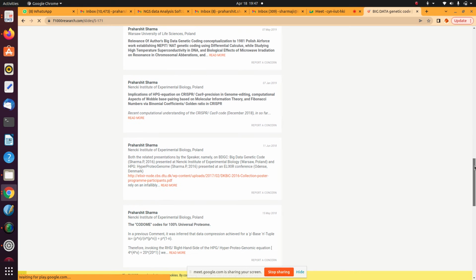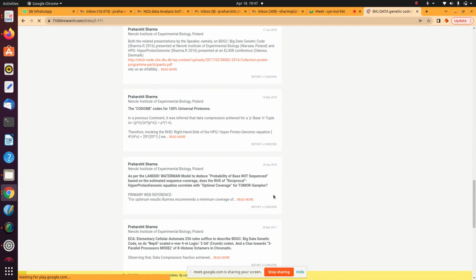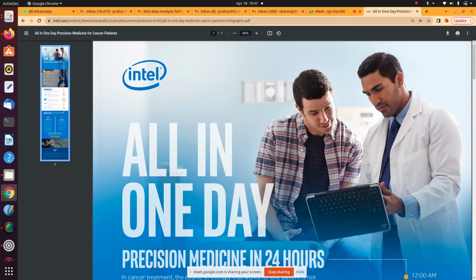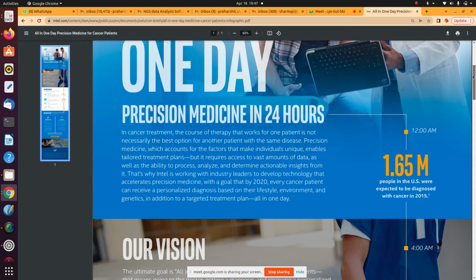Let me see whether that is still available. Let it open. It's an all-in-one-day medicine cancer patients infographic PDF, as you can see. In cancer treatment, right?